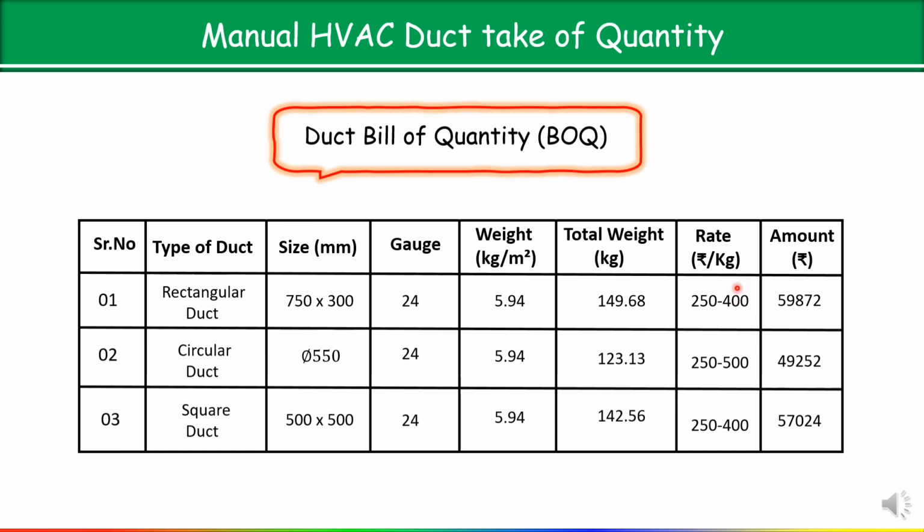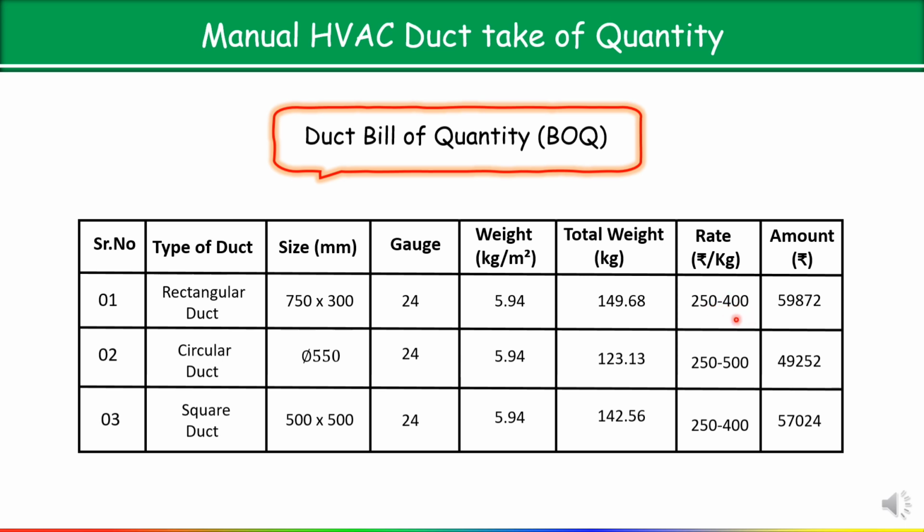If you know the total weight, you can easily get the amount. Same way for circular duct also, between 250 to 500 rupees per kg price is available. This price will vary from manufacturer to manufacturer. Next, for square duct, 250 to 400 rupees per kg. So let's say I'm just talking about 400. I'm assuming the rate per kg of duct in the market, you will get 400 rupees.